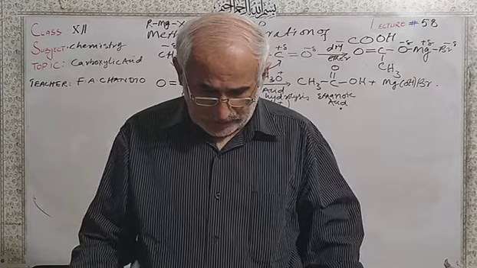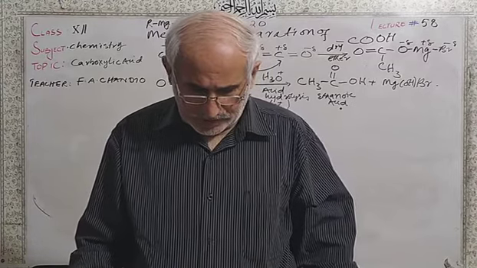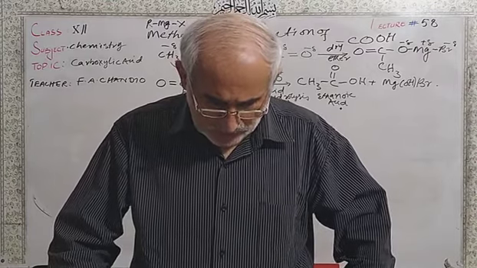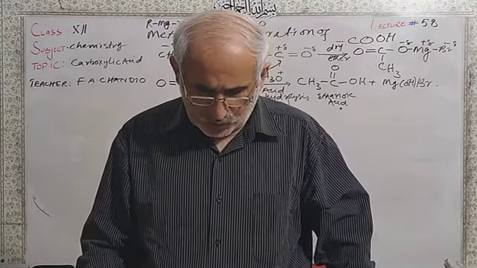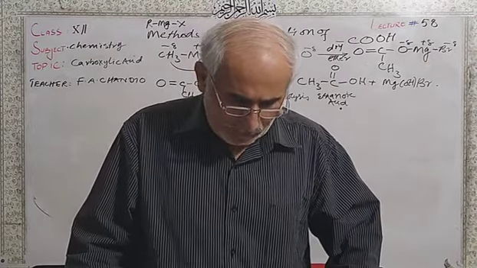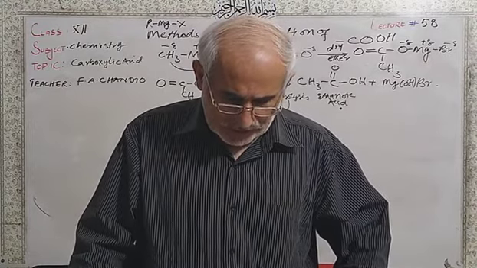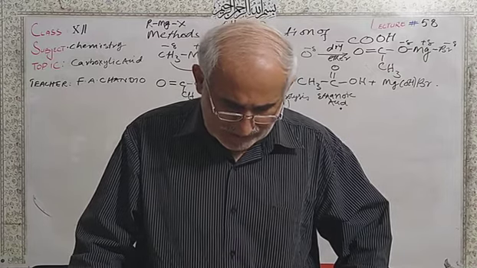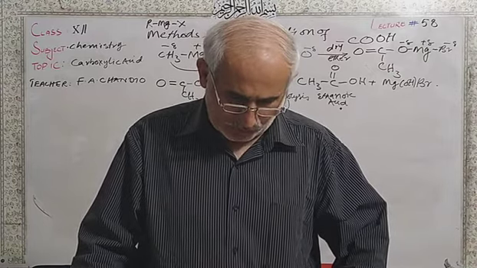By using Grignard's reagent, the reaction is carried out by passing carbon dioxide gas through the ether solution. I told you the ether as a solvent we use. Corresponding Grignard's reagent is prepared by adding Grignard's reagent to crushed dry ice suspended in ether.